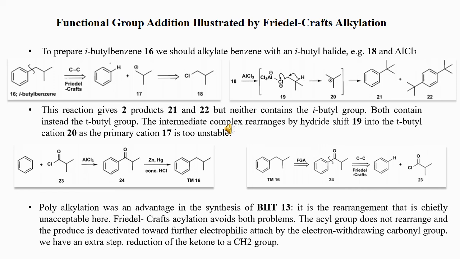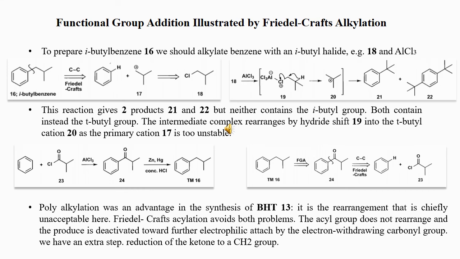So when this acyl halide is added in the presence of aluminum chloride, we got 24, and you can see that we have acylated benzene rather than alkylated. After getting that acylated product 24, we reduce it, and in the presence of zinc mercury amalgam and concentrated HCl, we got the target molecule 16.